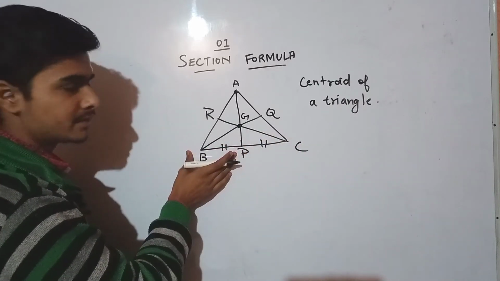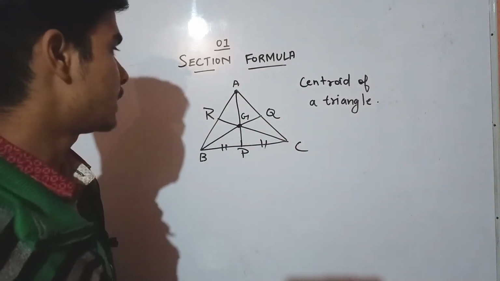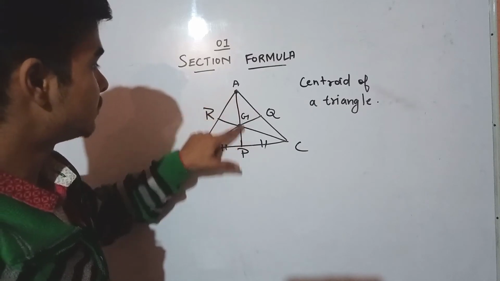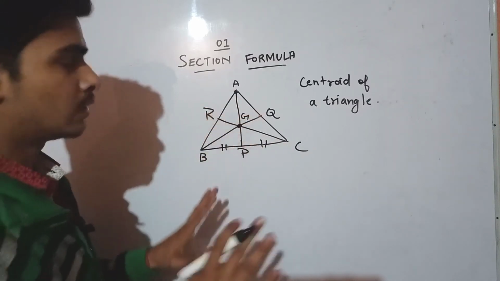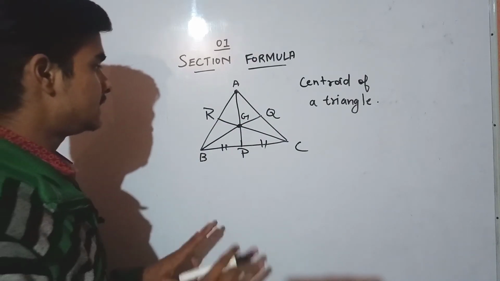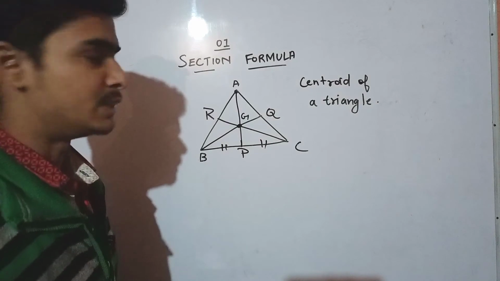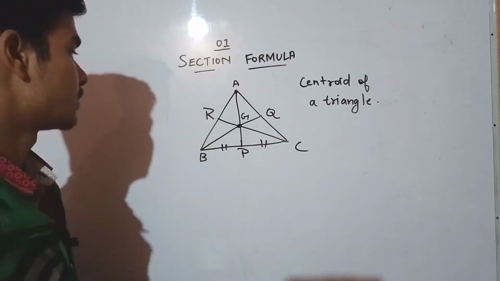So this will be 5 centimeters and this is going to be 5 centimeters. So a point where all the medians, see this is the first median, this is the second median, this is the third median, and all the medians intersect each other at a common point, and this point is called G. Generally we refer to it using the symbol G.